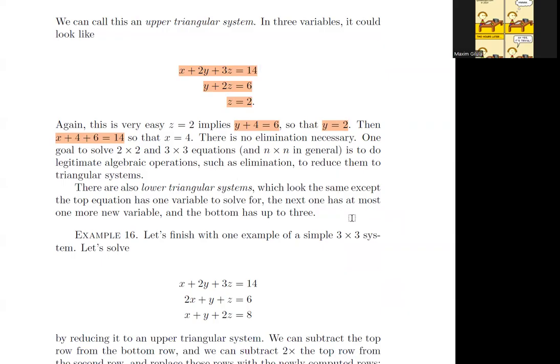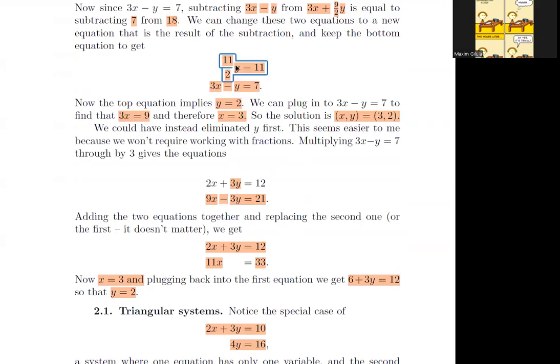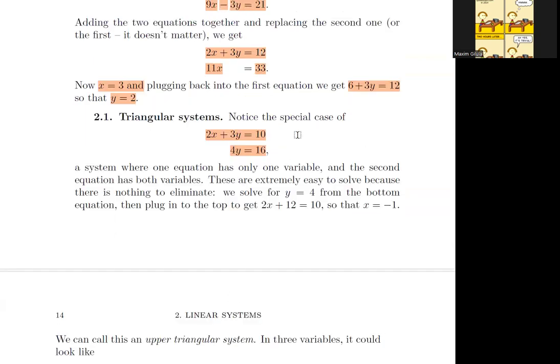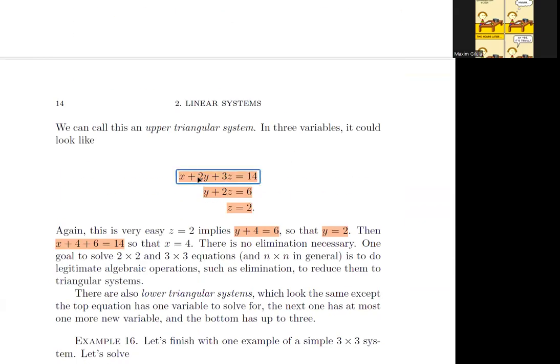You could also do a lower triangular system, and this one up here is much closer to what is a lower triangular system, although not exactly, if we take x to be the first variable and y to be the second variable. But the point is, it forms some triangle if you reorganize in some way.